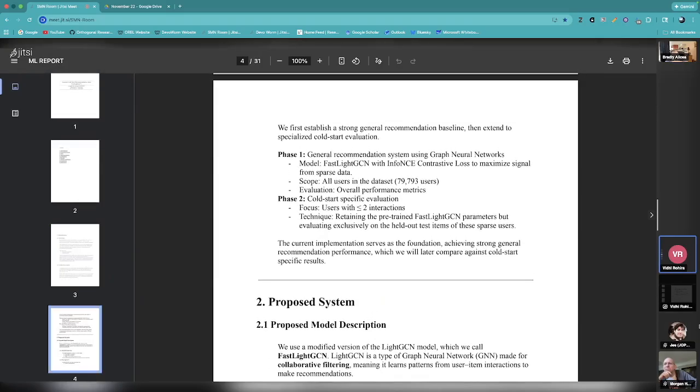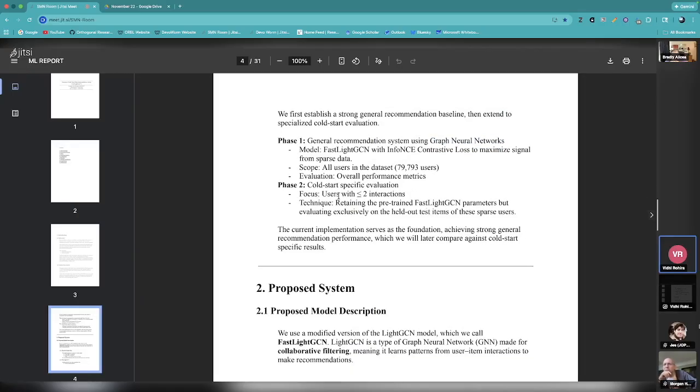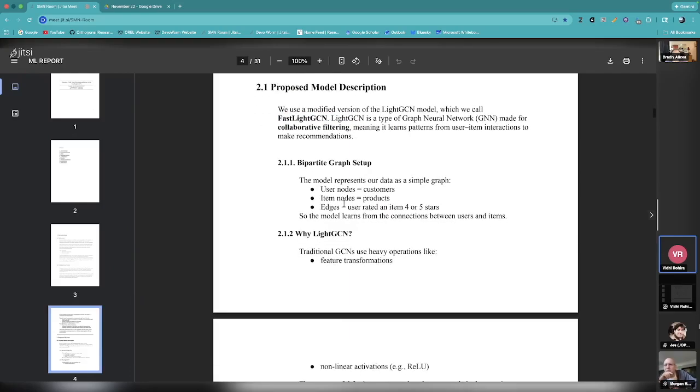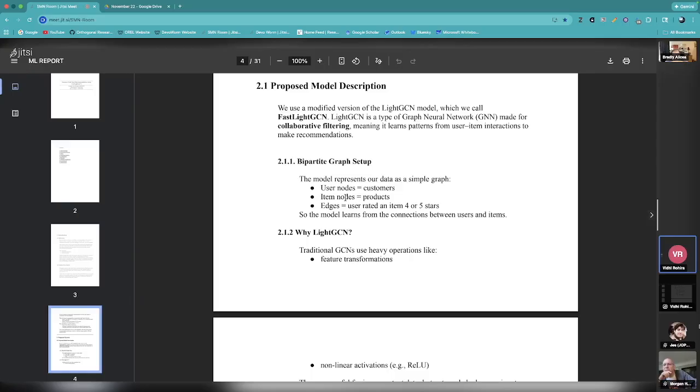We divided this whole thing into 2 phases. The first phase was the general recommendation system using graph neural networks. The second was to focus on users with less than or equal to 2 interactions. Before we started, we created a bipartite graph with user nodes for the customers and item nodes for the products.